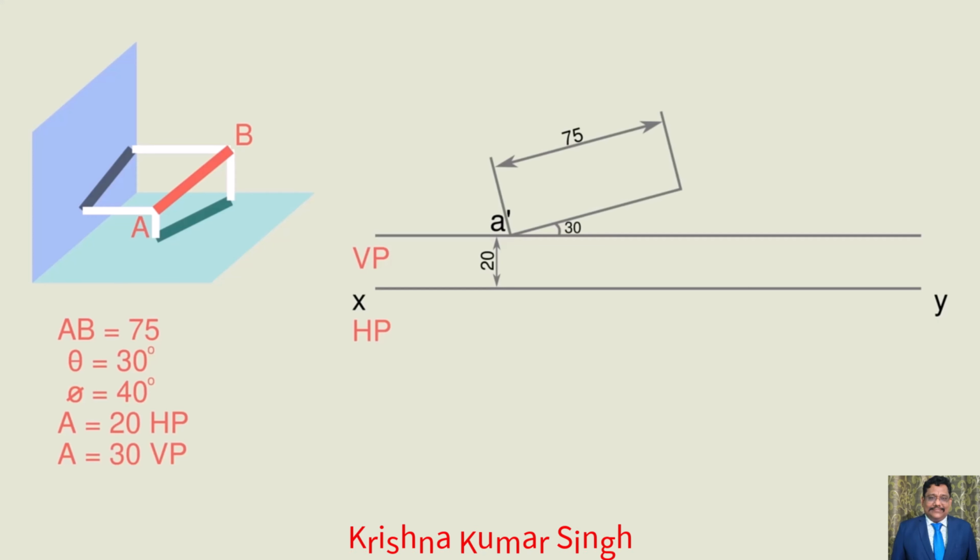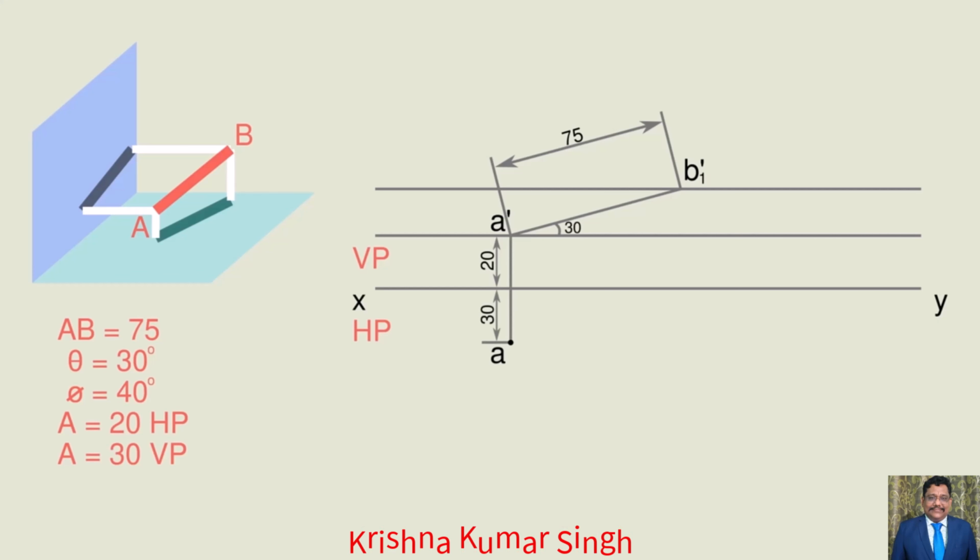Set the angle theta equal to 30 degrees at point A' and draw a line with length 75 mm as true length. Name the endpoint as B1' and through the point B1' draw a horizontal line as the locus line.